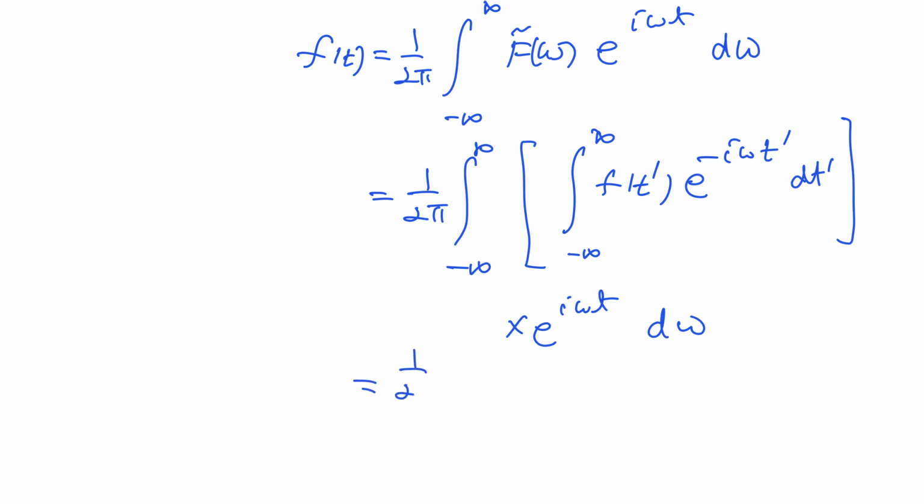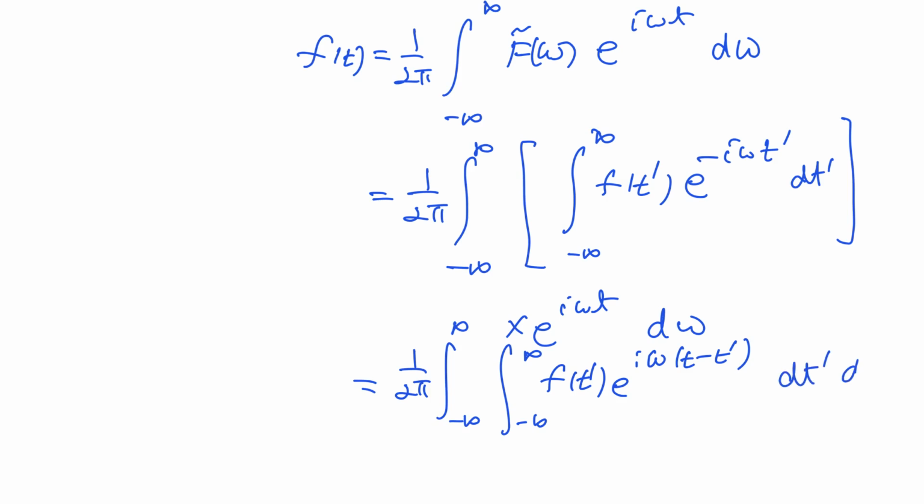So this is 1 over 2 pi, the integral of f(t prime) exponential i omega (t minus t prime) dt prime d omega.